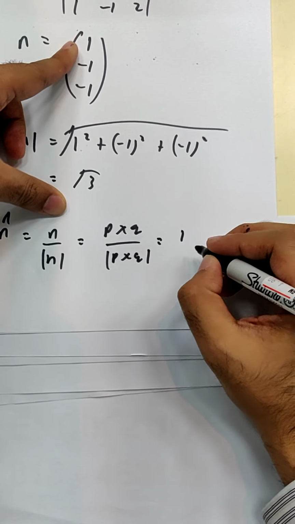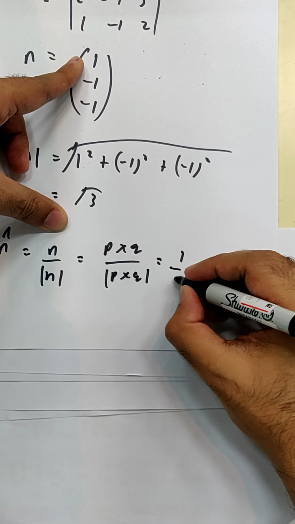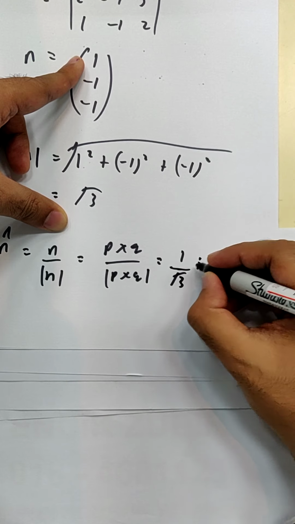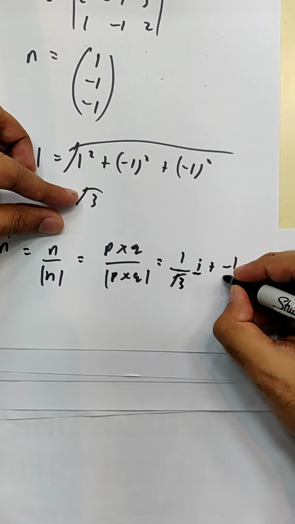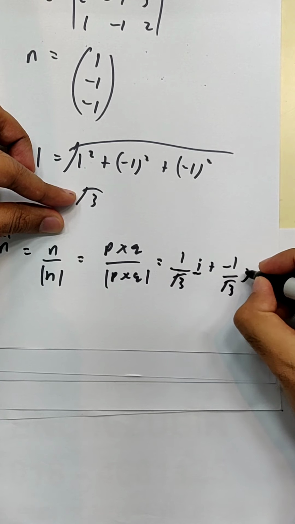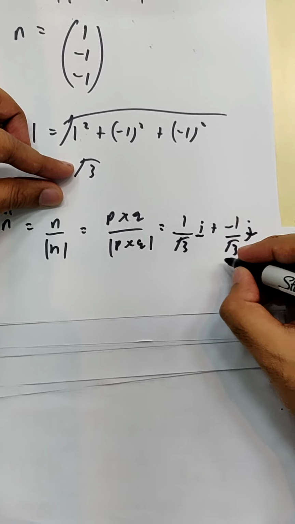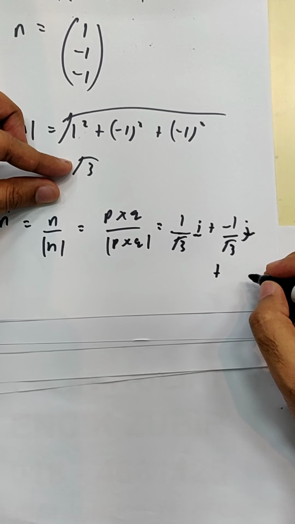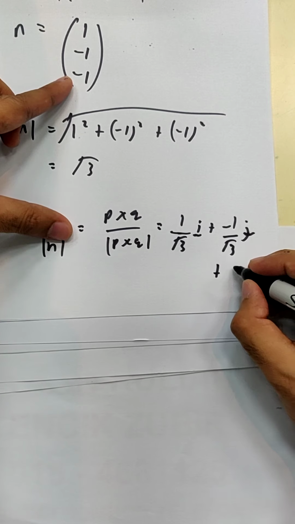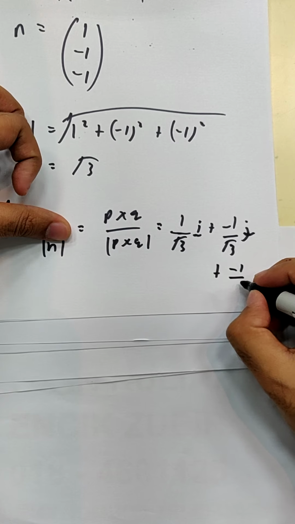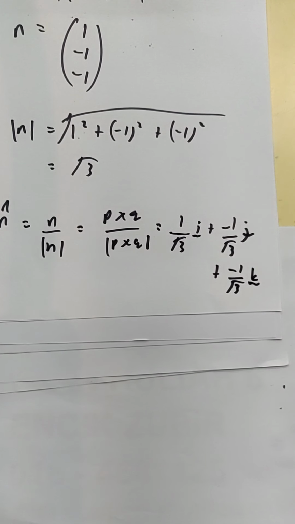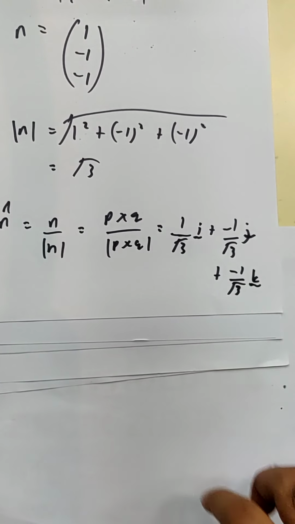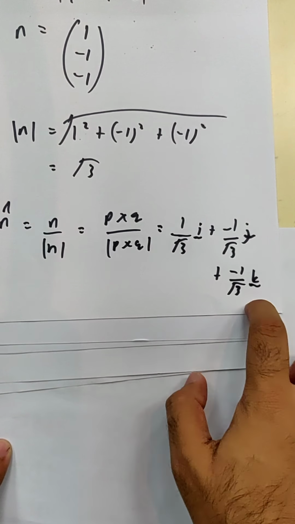So 1 over square root 3 i wiggly, plus negative 1 over square root 3 j wiggly, sorry I ran out of space, plus negative 1 over square root 3 k wiggly. And people ask me, sir, what happens if we don't write down the wiggly things, sir? It's like grammatical errors. You should leave your answer in that form.